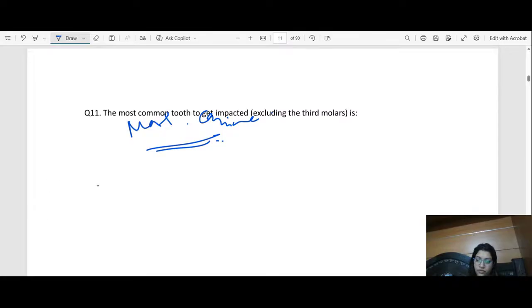So write a few key points about the impacted teeth. What are impacted teeth?